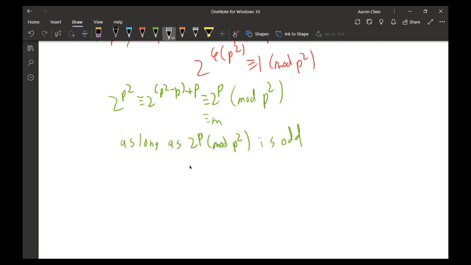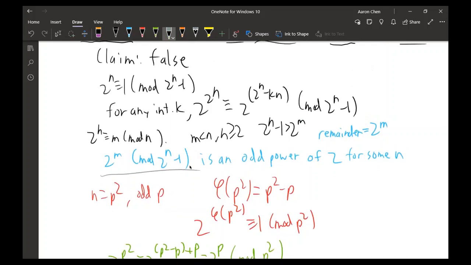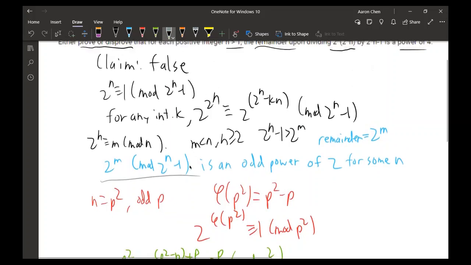we can let p be equal to 5. When p is 5, 2 to the power of p is 32, which is 7 mod 25. That means that m is odd. And so that means that 2 to the power of m is an odd power of 2 for some n.